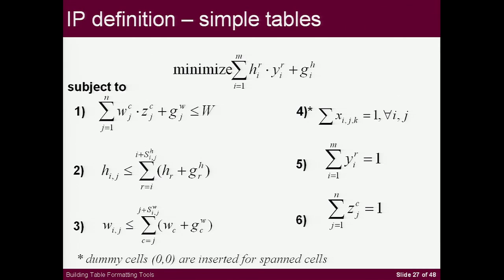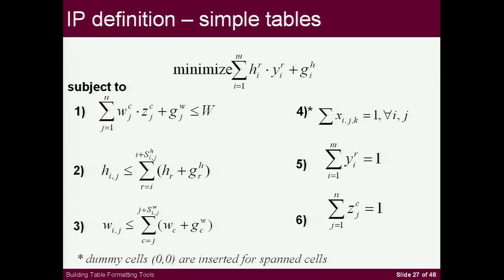So as you can see now, the new integer programming definition for tables with spanning cells is to minimize the height of the table, using those row heights that have been selected and their glue, subject to a number of constraints, such that every cell is less than selected.